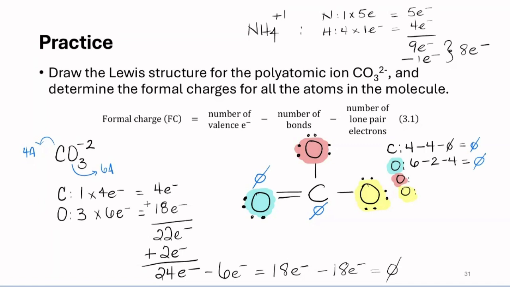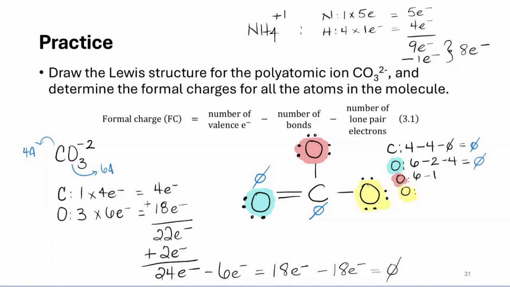Let's now do the one for red and the one in yellow, which are going to have the same equation. So I just have to copy my work 2 times. Let's do the one in red, and that will take care of the yellow also because they have the same bonding and number of lone pairs. So the one in red, oxygen has 6 valence electrons because of its group number. Then we're going to subtract from it the number of bonds.